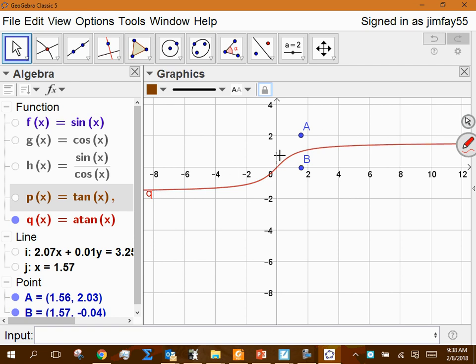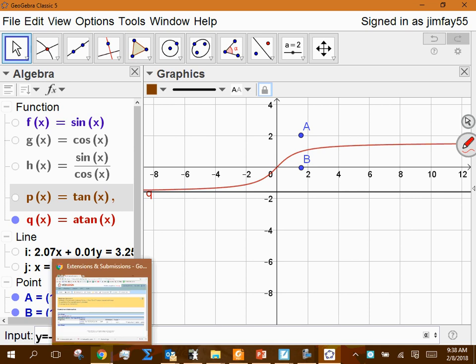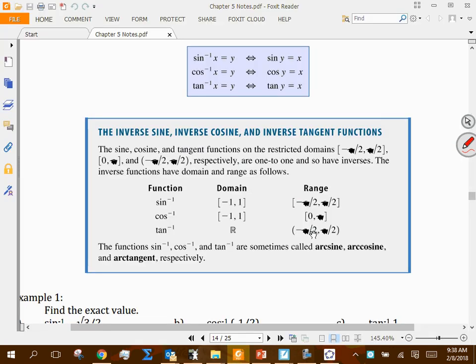But the output values now, I'll never get an output value that is greater than pi over 2. I'll never get an output value that goes above that line, right? And I'll never get an output value that goes below that line. So my inputs are all real numbers, but my range now for the tangent inverse is negative pi over 2 to pi over 2.